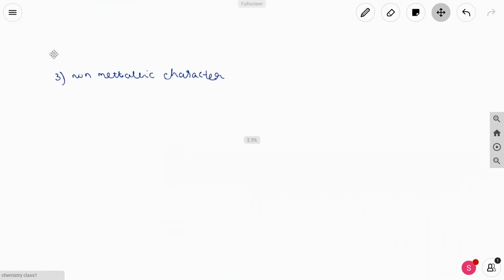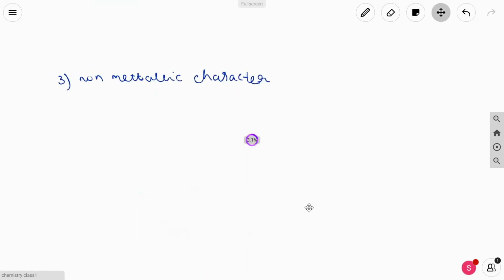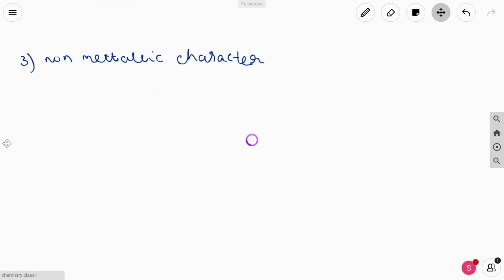Now we'll be discussing non-metallic character. Non-metallic character is the ability to gain electrons easily. It also depends on the two factors we spoke about, atomic radius and nuclear charge.